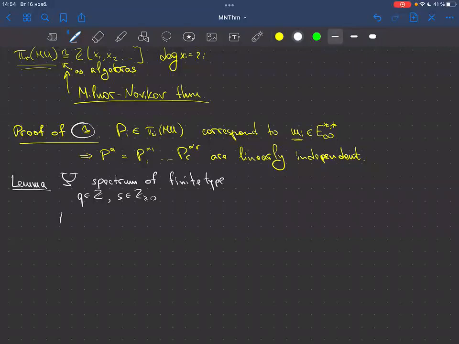Then there exists such N that the corresponding filtration embeds into p to the power s, p, q, Y. Again, this can be found in chapter 20.